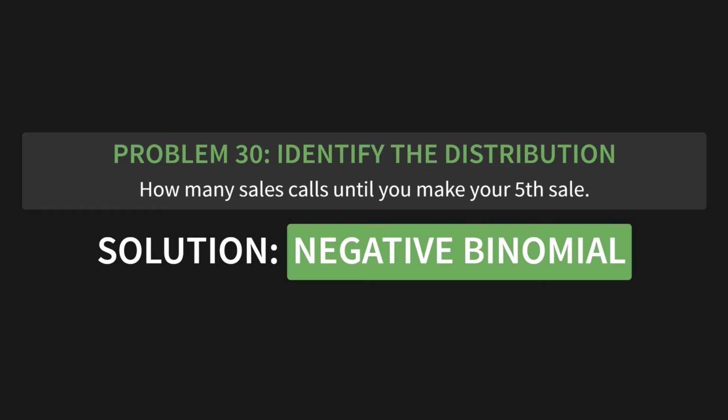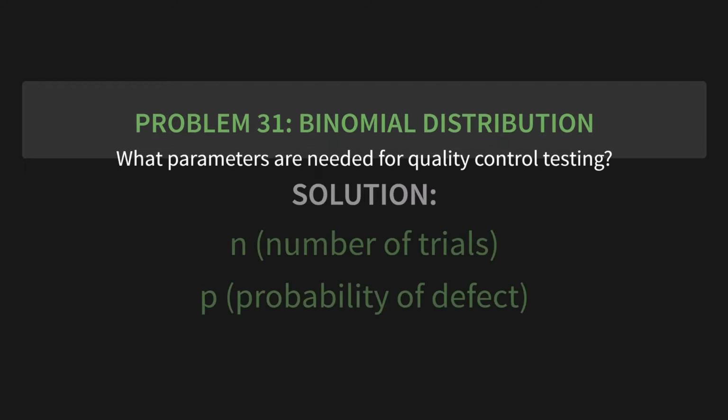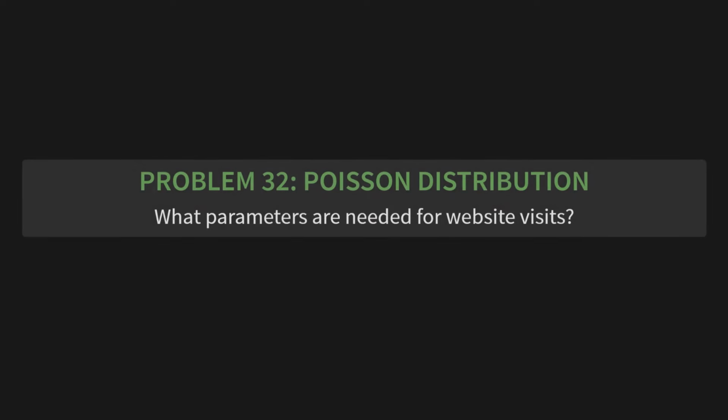Negative binomial distribution. What parameters are needed for a binomial distribution in quality control testing? N, the number of trials, and p, the probability of defect.